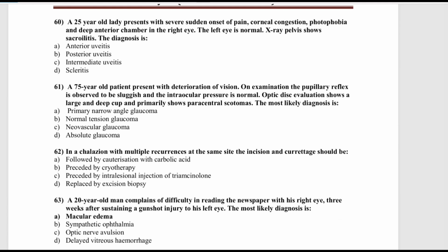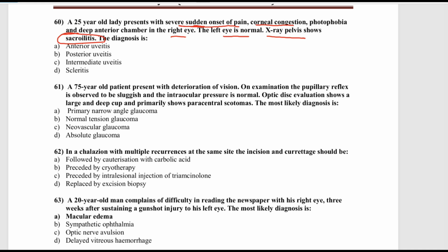So our next question is, a lady presented with severe sudden onset of pain, corneal congestion, photophobia, and a deep anterior chamber in the right eye. The left eye is normal. X-ray pelvis shows sacroiliitis.